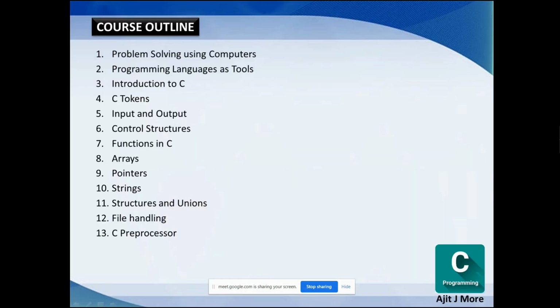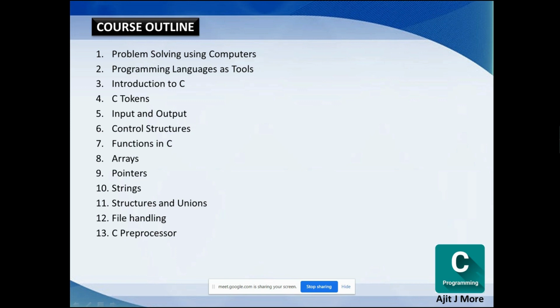Now we'll start with the actual syllabus. So the chapter topics list is clear to you. We'll start with the first chapter, that is problem solving using computers. In problem solving, we'll be discussing what is problem solving, what are the different steps of problem solving, then different ways of doing problem solving.